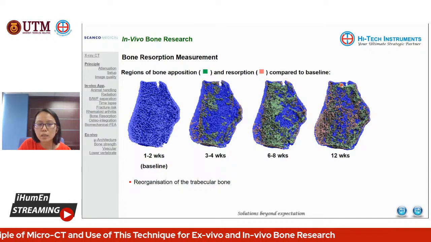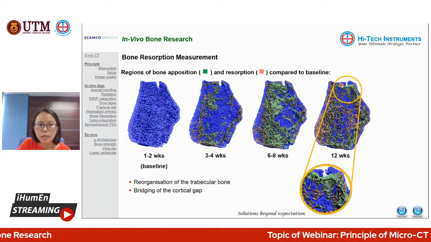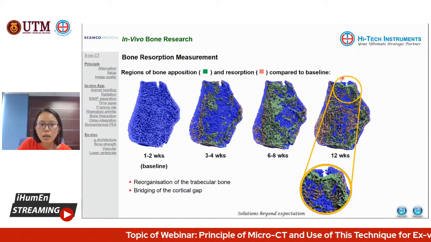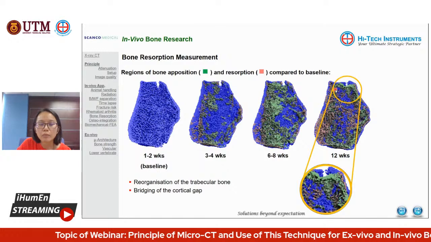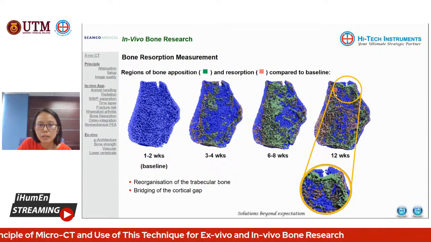So from this study, we can get the result of reorganization of the trabecular bone, the bone regeneration, and we can also see there is a regrowth of the trabecular bone that is going to fill up the gap here.